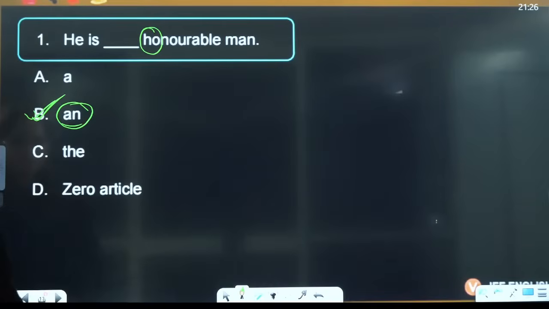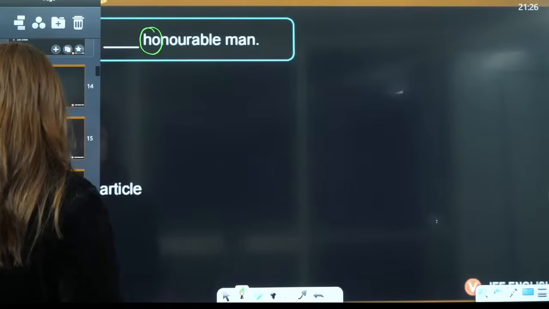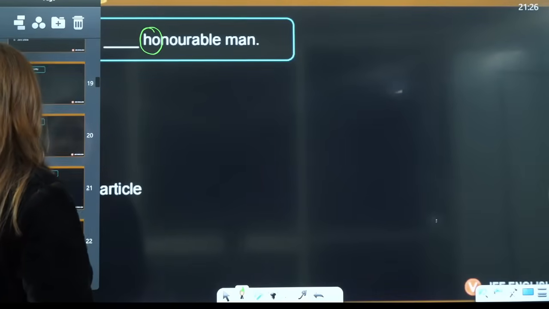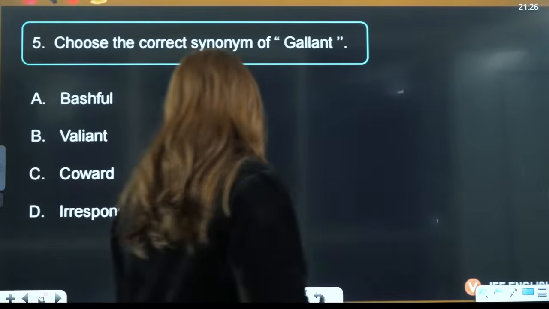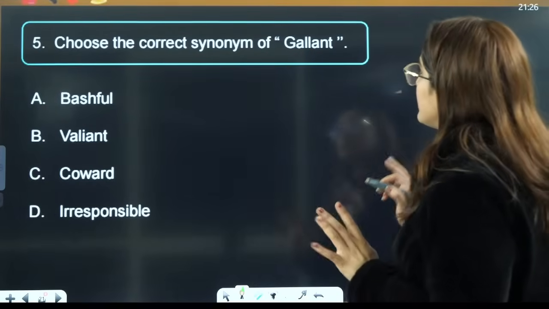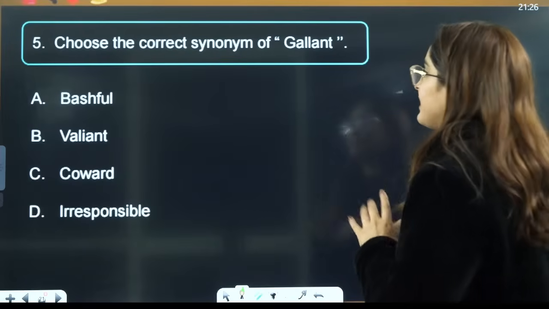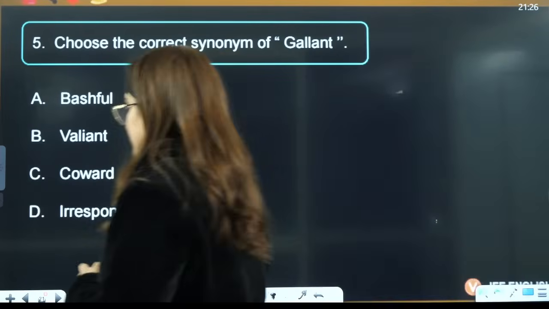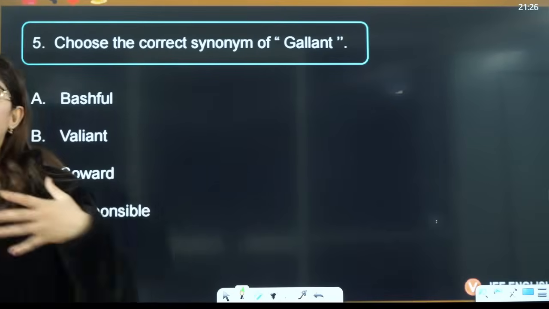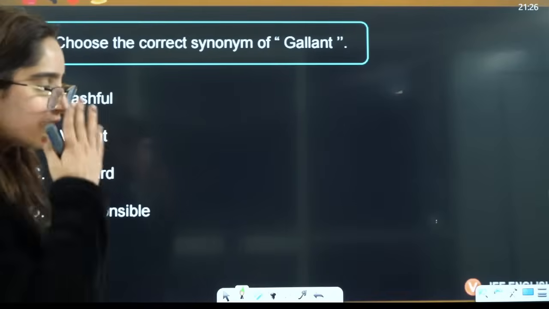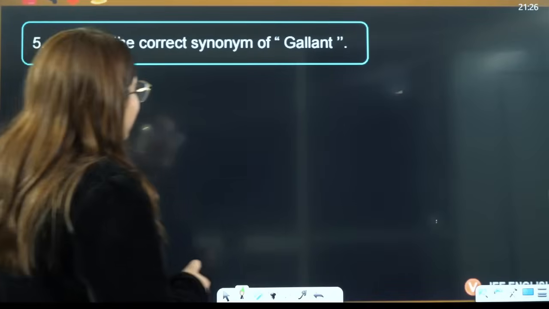Now, I'll give you some questions of synonyms and antonyms. Let's see if you'll be able to do that or not. Choose the correct synonym of gallant. Gallant, everybody? Do let me know in the chat box. Just try to do hit and trial here.